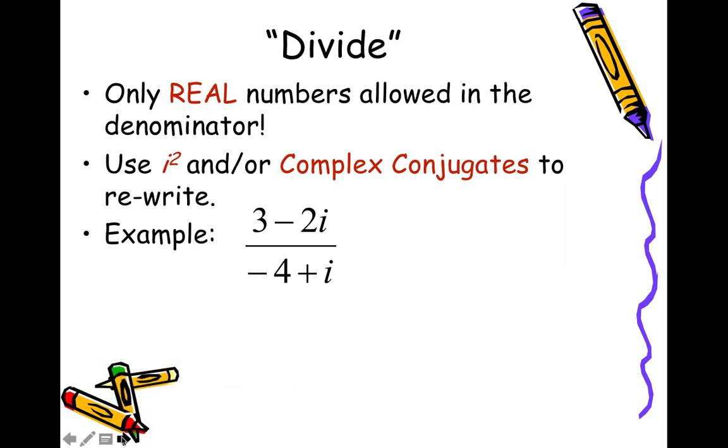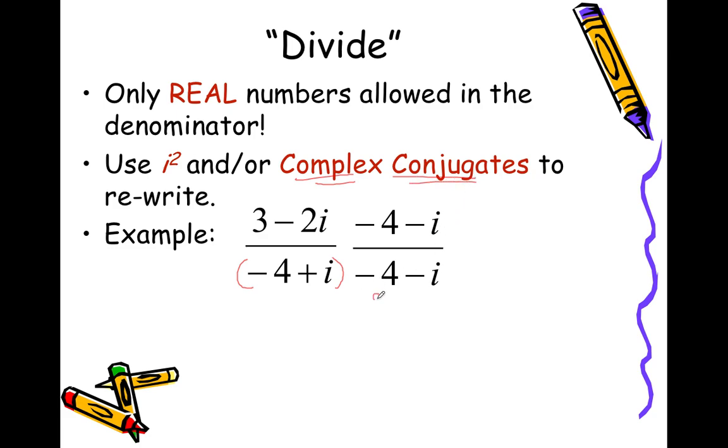So what do you think I can do instead? Oh, somebody's at the door. Who is it? Come on in. Who's coming in? Oh, it's the complex conjugate. Come on in, complex conjugate. Oh, it still has to be a 1. What is the complex conjugate? To who? Who do I want the complex conjugate of? It ain't the numerator. It's the denominator. So I look at the denominator and say I need a complex conjugate to the denominator.